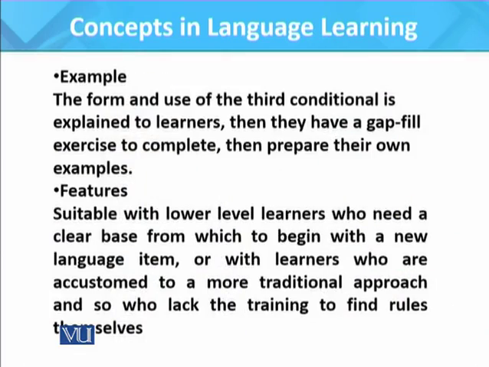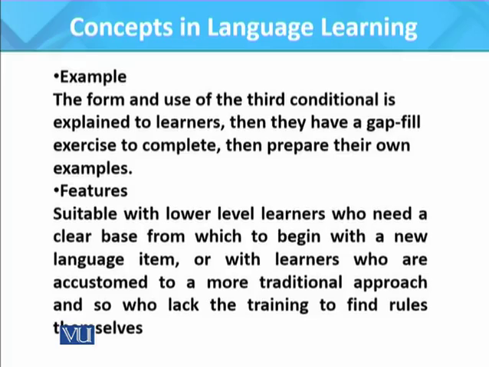The example in this type of learning is that the form and use of the third conditional is explained to learners. Then they have a gap fill exercise to complete, then prepare their own examples.